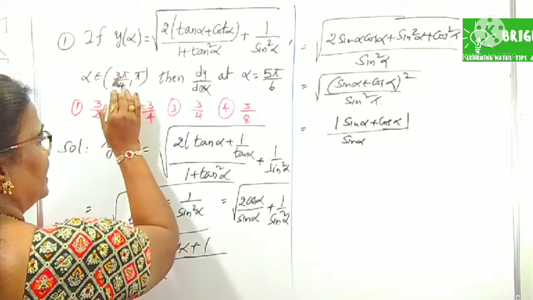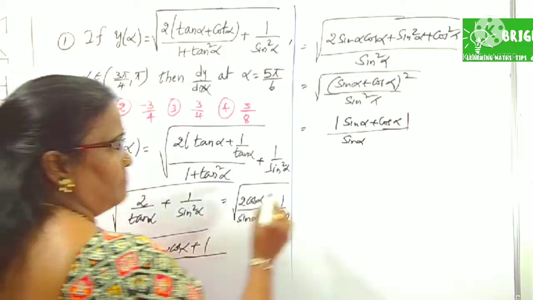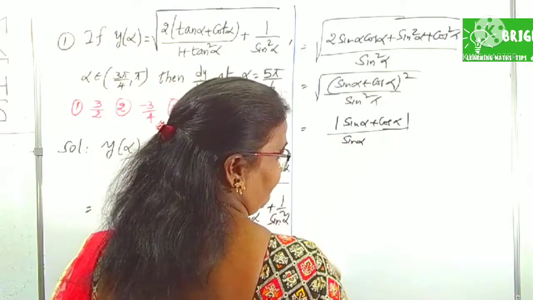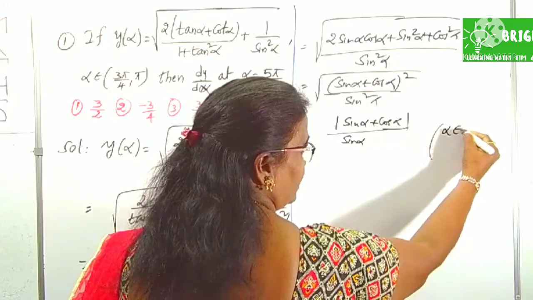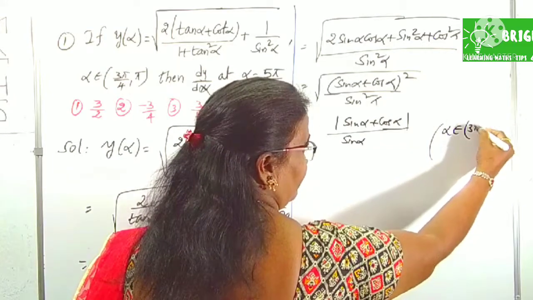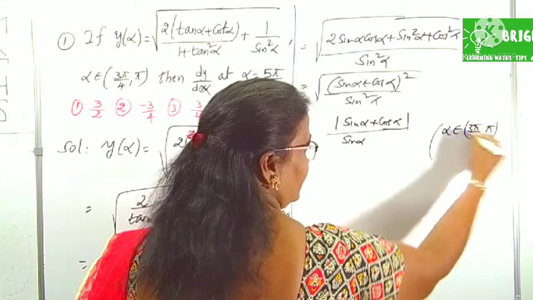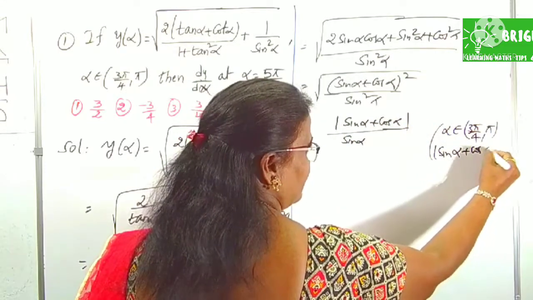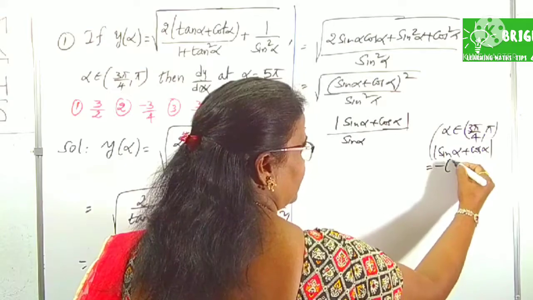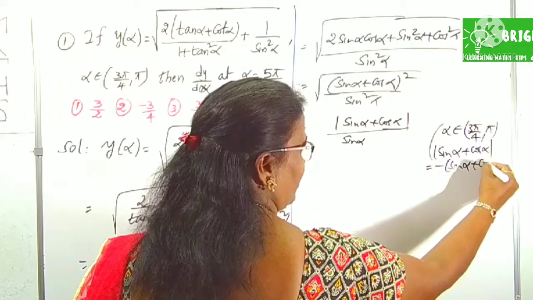If alpha is in 3 pi by 4 to pi, sin alpha plus cos alpha must be negative, so the mod is minus of sin alpha plus cos alpha.